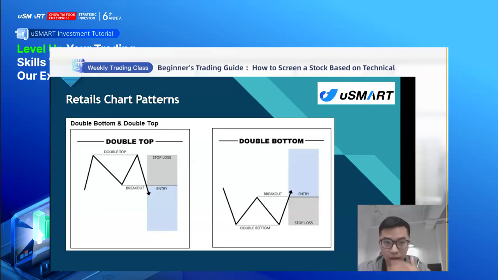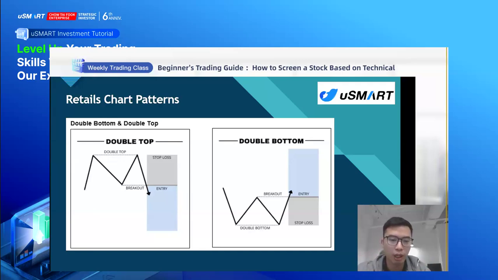But based on my experience, the win rate of these retail chart patterns is not that high. If you are not sure why I explain this, I actually have other chart patterns. You can learn and look at the replay of my last week's session, where I talked about institutional chart patterns, how they trade against these retail chart patterns, and they have a higher win rate.